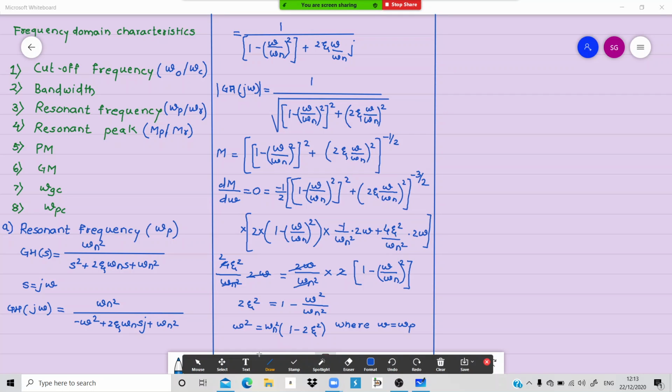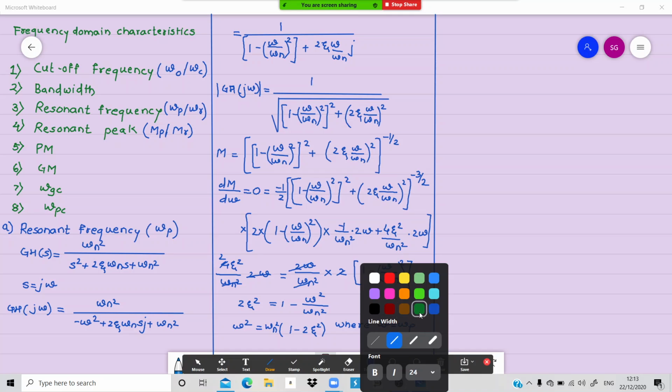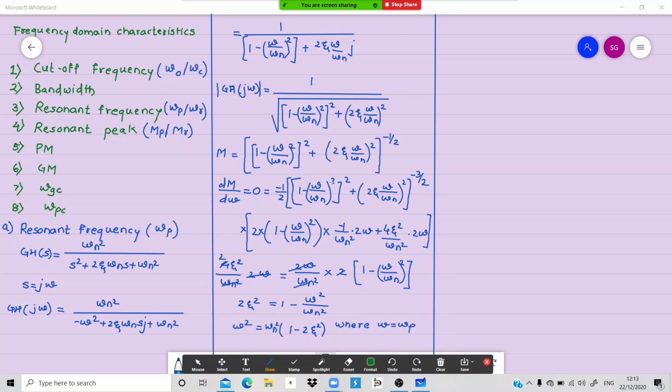So I'll write omega p is equal to omega n under root, 1 minus 2 zeta square.